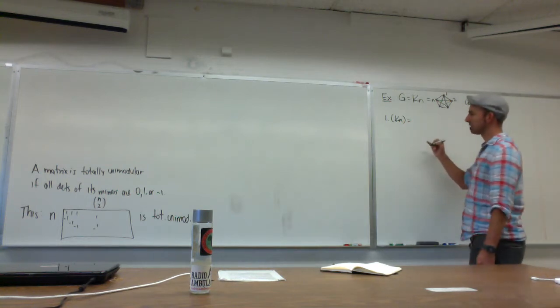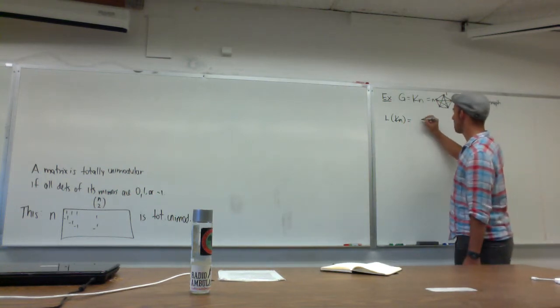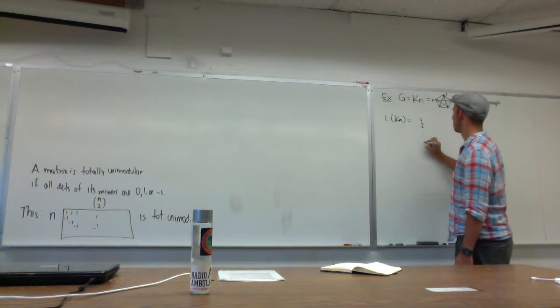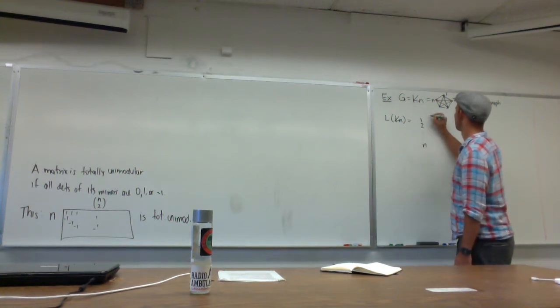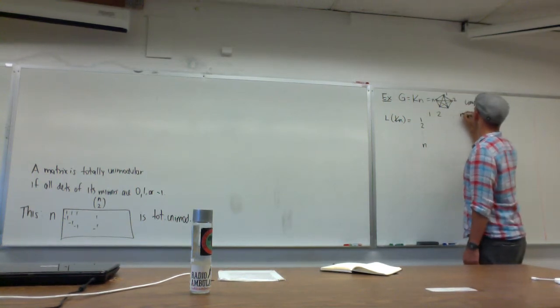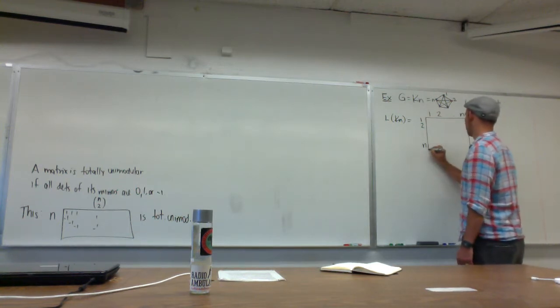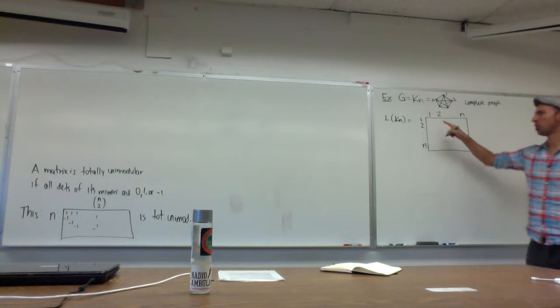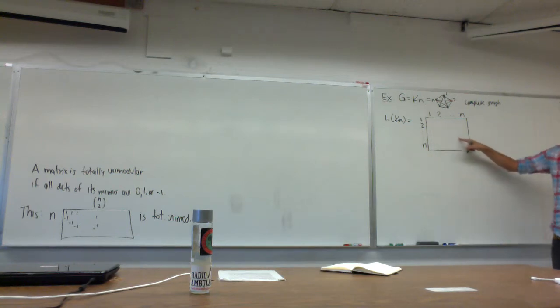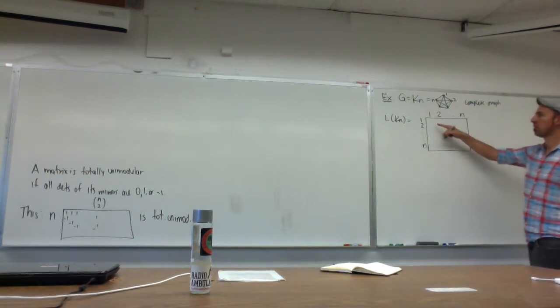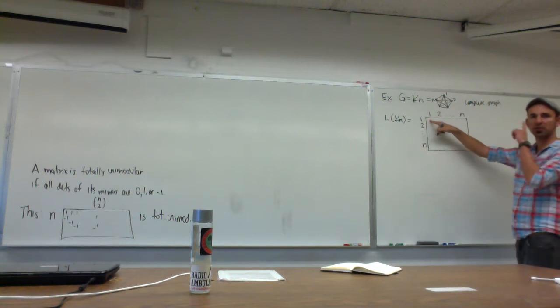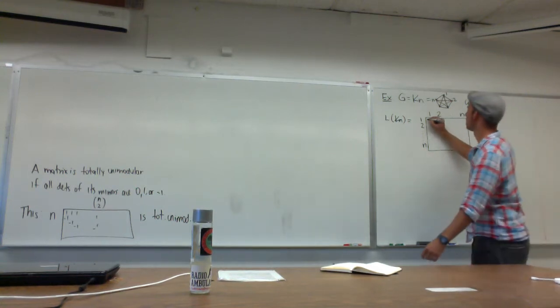Well, remember the Laplacian is an n by n matrix. Remember, down the diagonal I put the degrees of the vertices. So how many edges come out of vertex 1? n minus 1, right? One for each other vertex.